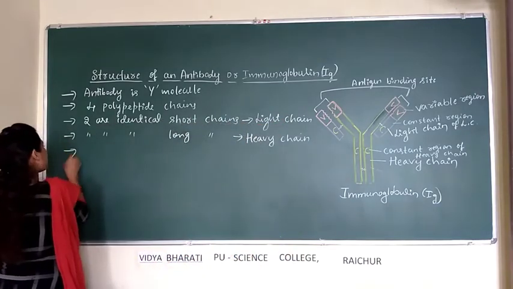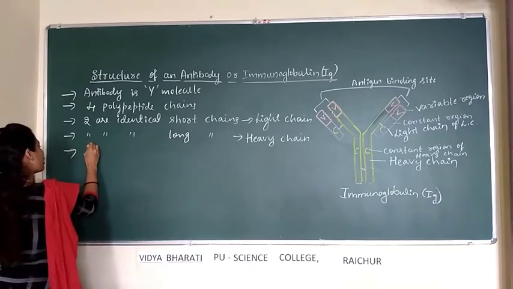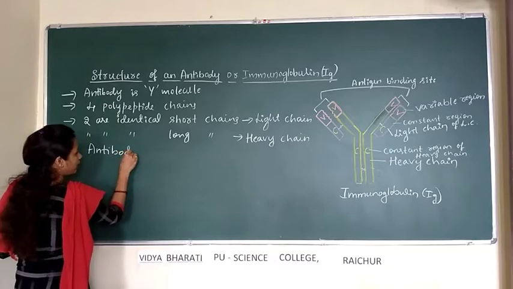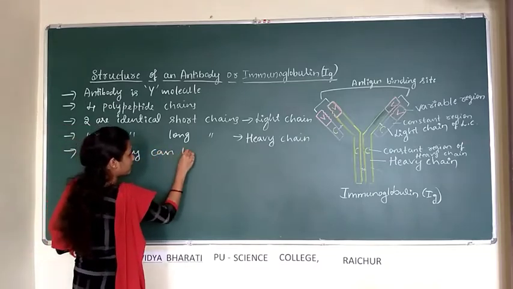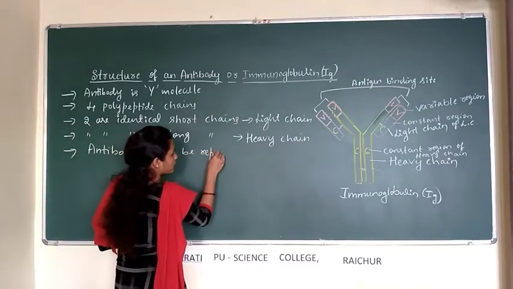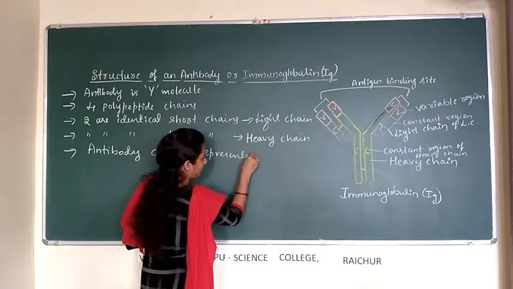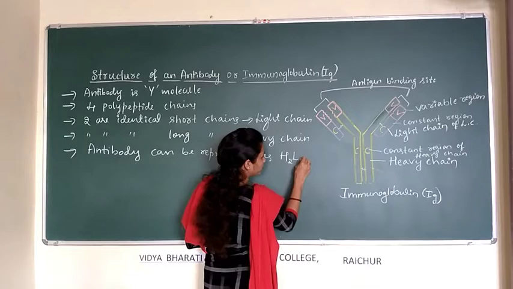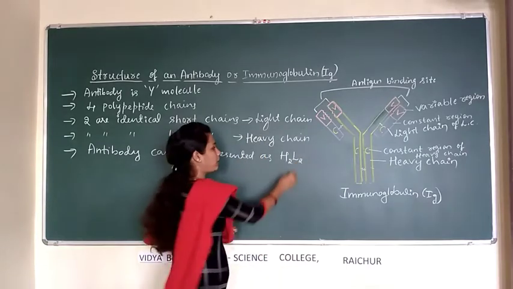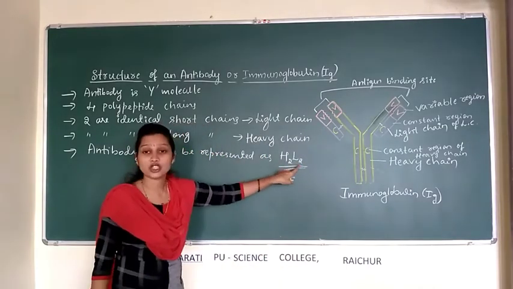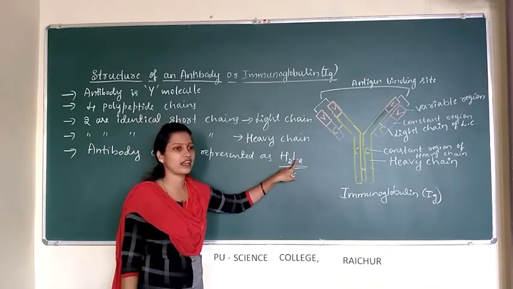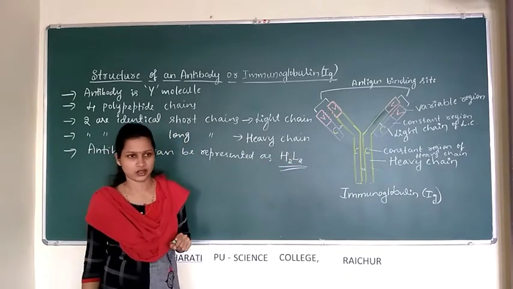So, we can represent an antibody molecule as H2L2, meaning 2 heavy chains and 2 identical light chains are present.